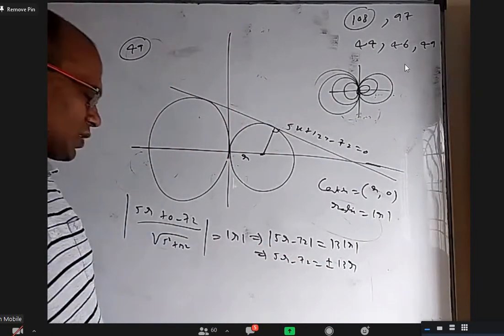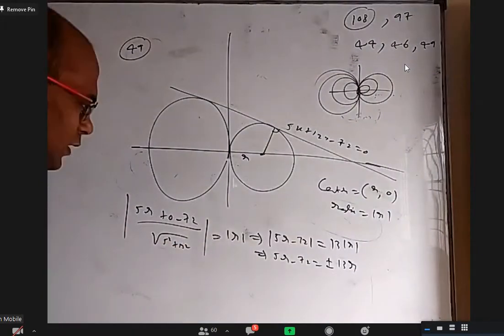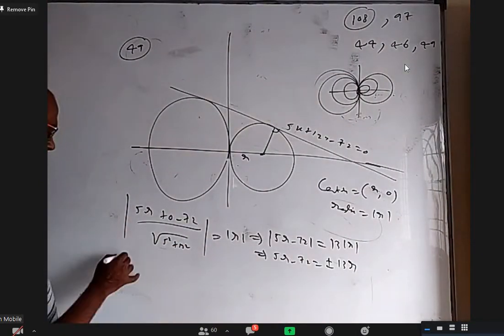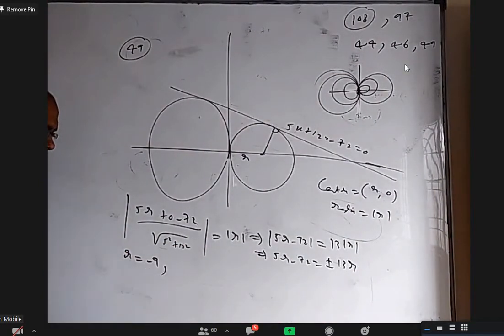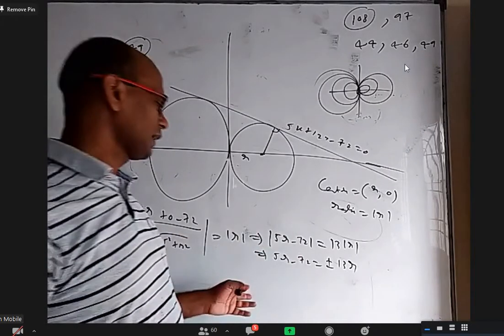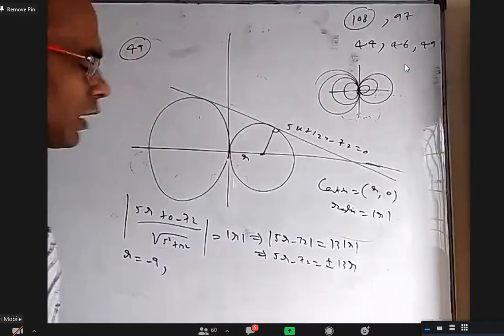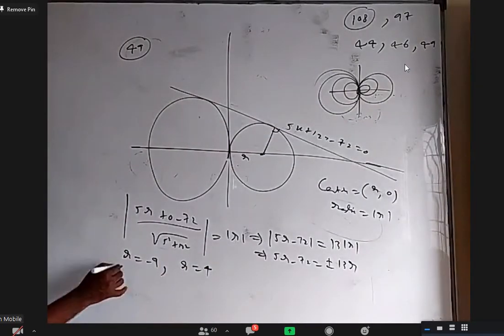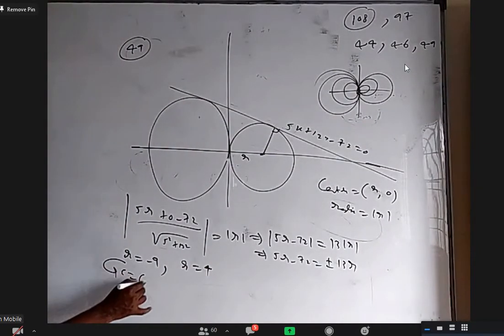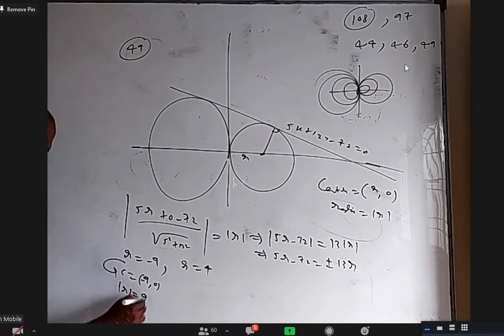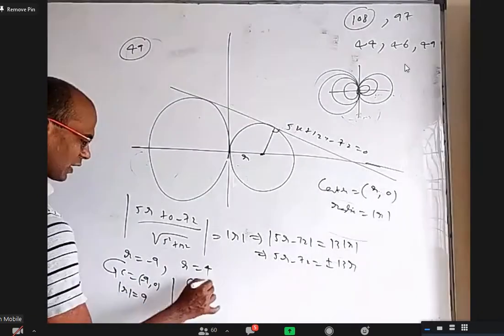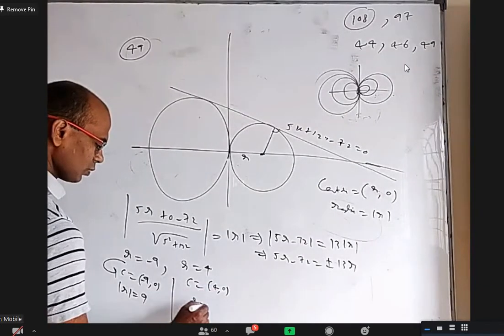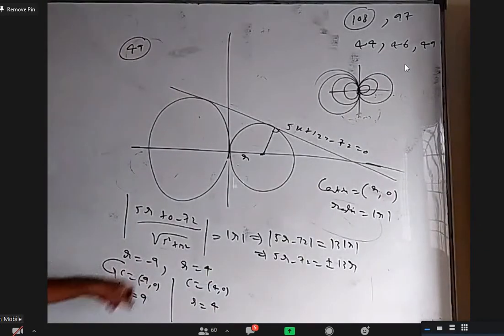When I take plus and send to that side, we get r equal to minus 9. And when I take minus, we get 18r equal to 72, r equal to 4. So this gives you center equal to minus 9 comma 0, radius mod r equal to 9. This gives you center equal to 4 comma 0, radius equal to 4.